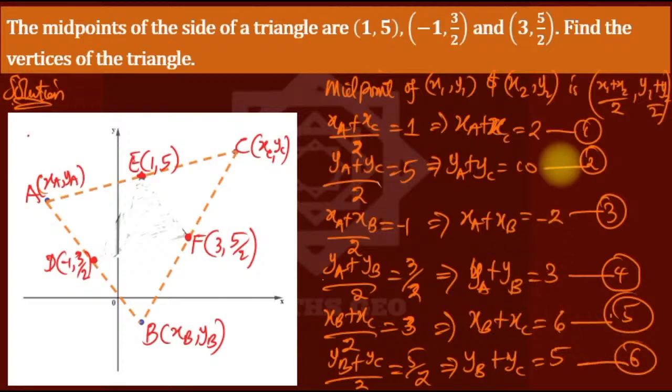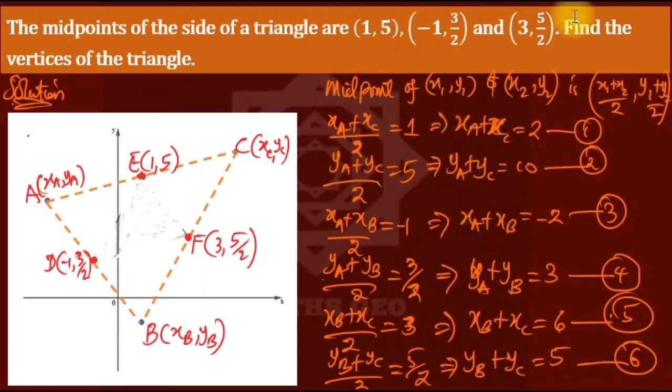So we now use these six equations to solve for the unknowns, which are the coordinates. I have XA here. Which one has XA again? I can eliminate XA by subtraction. If I do equation 1 minus equation 3, I will eliminate XA.